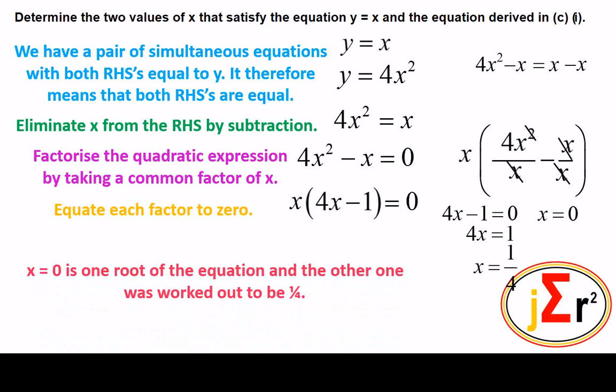X is equal to 0 is one root of the equation, and the other one was worked out to be x is equal to a quarter. There we have them. X is equal to 0 or a quarter.